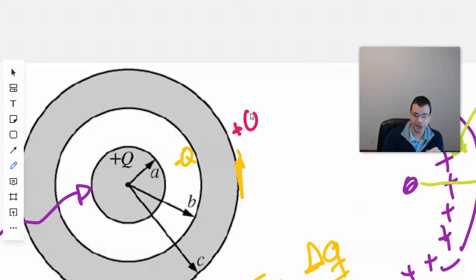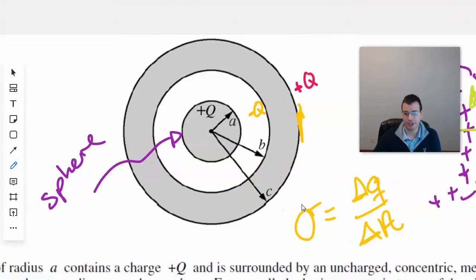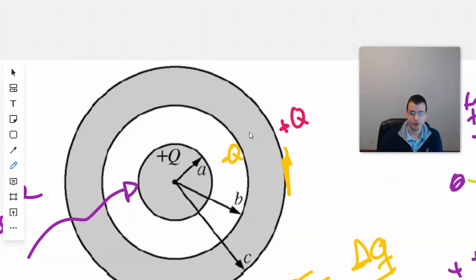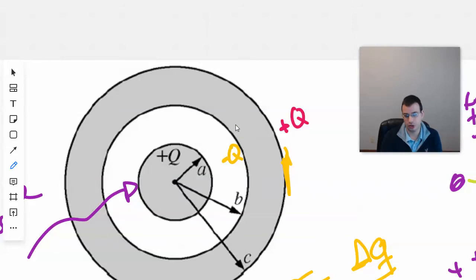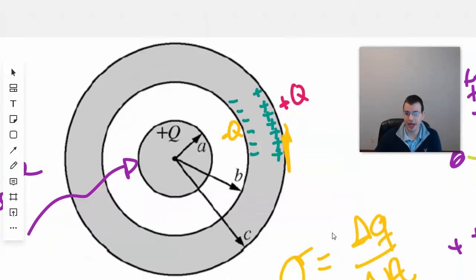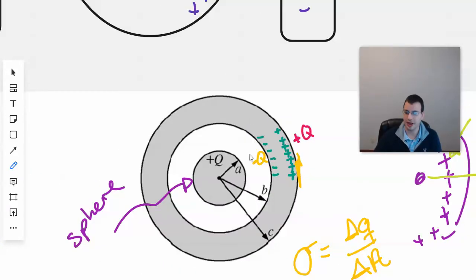I'm not going to give as good of a justification for this one. This is more just an idea of, so you have an electrically neutral conducting shell, and the charges are going to migrate as such, with plus Q on the outside, minus Q on the inside. And then when you add up all the Q's, you're just going to have the positive Q's that were from the inner sphere.